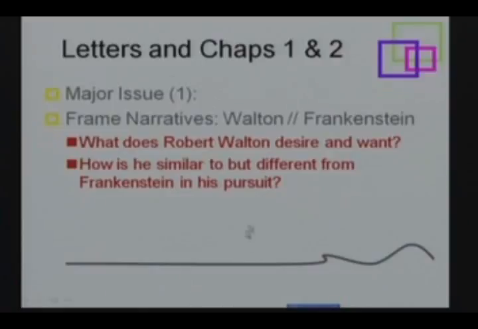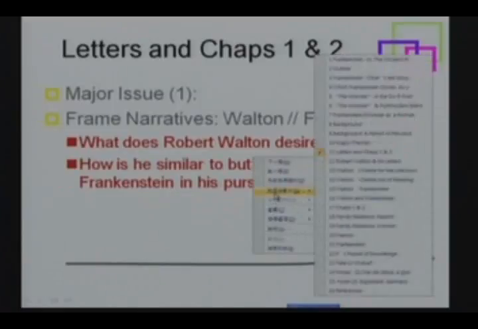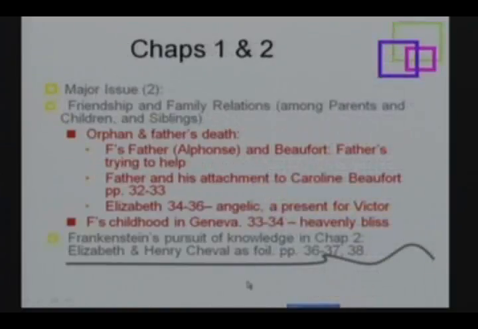So these are the first bunch of questions, and the second bunch of questions are about the families. As I said, chapters 1 and 2 serve as a basis for Frankenstein to later develop into the realms of human creation and then the subsequent tragedies.